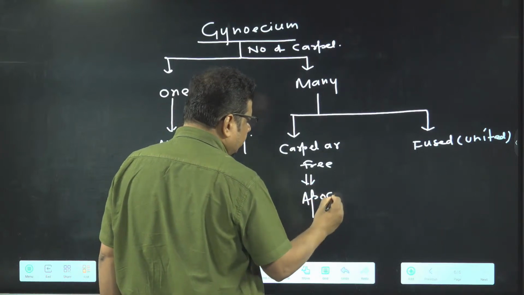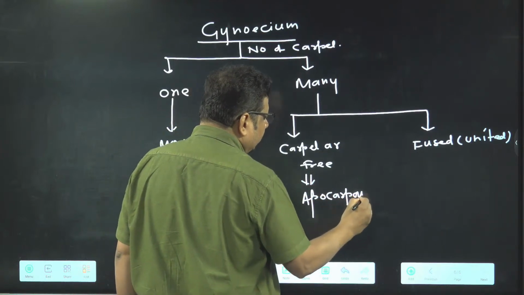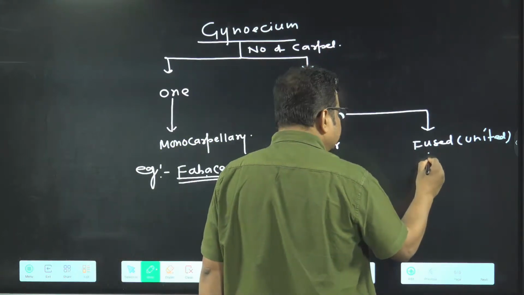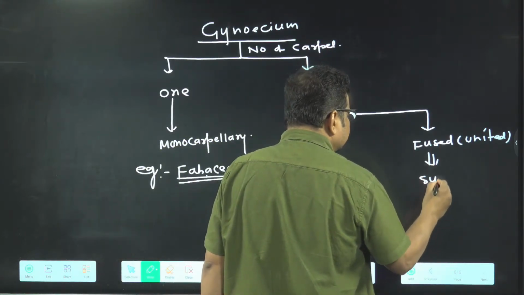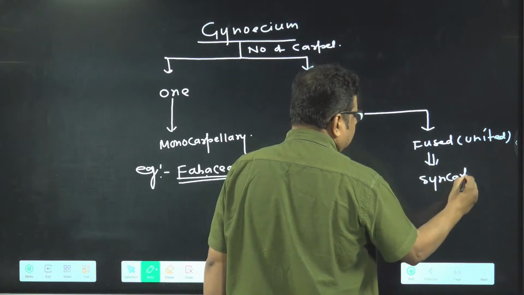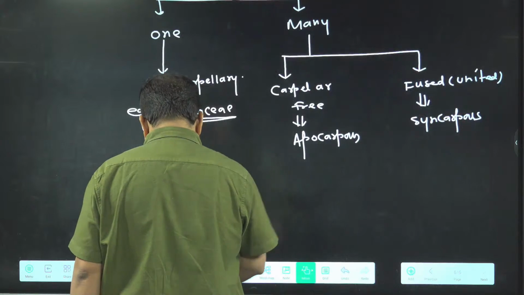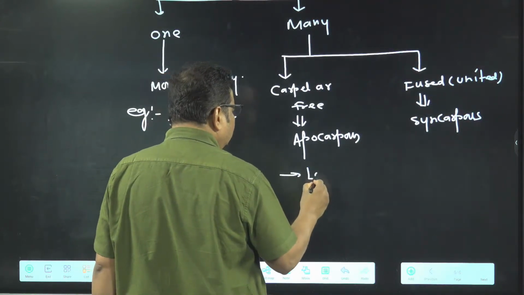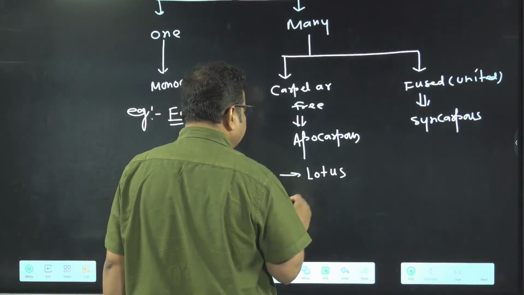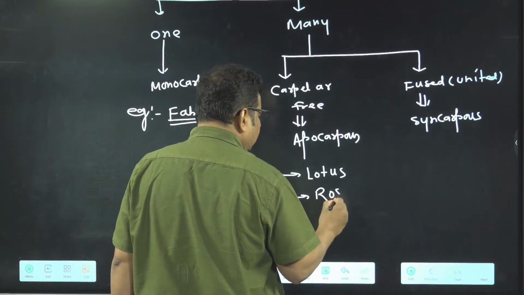Apocarpous. If they are fused, it is called syncarpous. What NCERT wrote as examples of apocarpous? Lotus and rose. It is written or not?